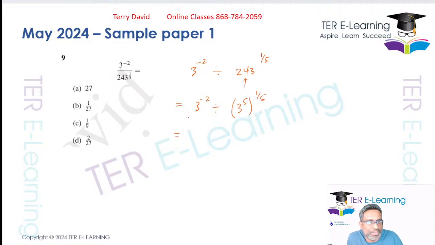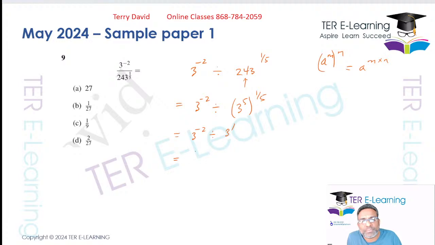Now, we're simply going to use the laws for indices here. The rule I'm going to use is this: a to the power m raised to the power n is a to the power m multiplied by n. So if I take the 5 and multiply by 1/5, I'm going to get 1. So this is going to be 3 to the power 1.